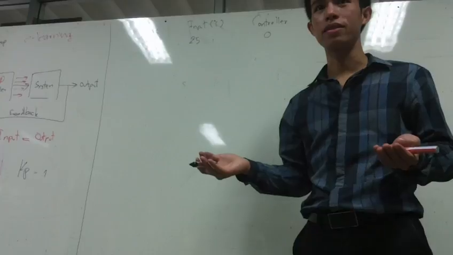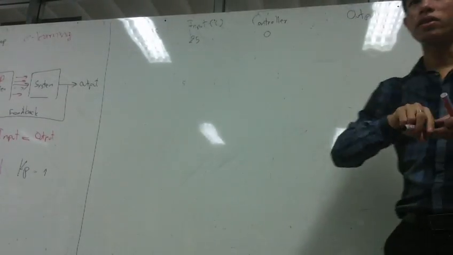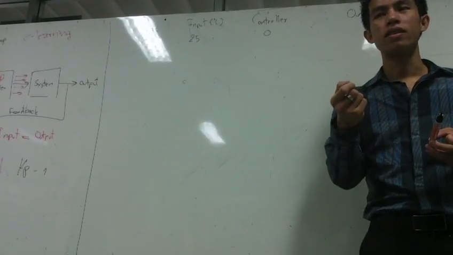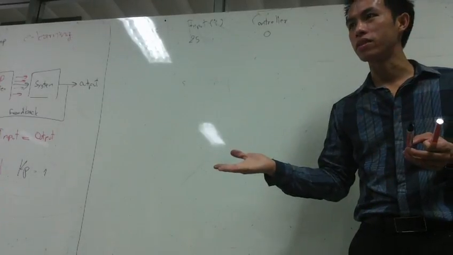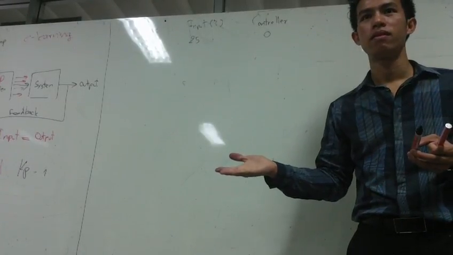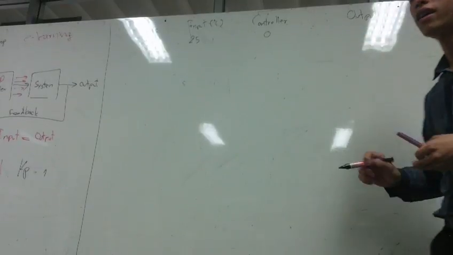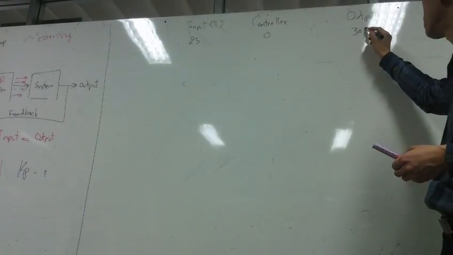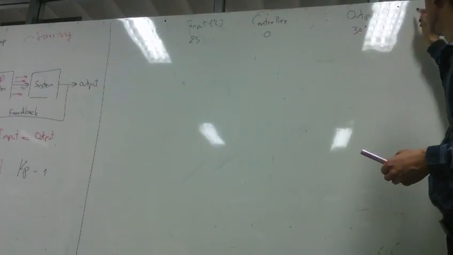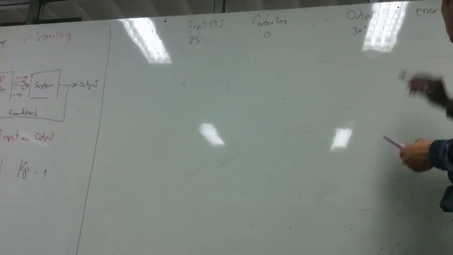And see what happens. When you turn it on, does the room go to 25 Celsius right away? No. The room is very hot. Let's say the room is 30 Celsius. What is the error?